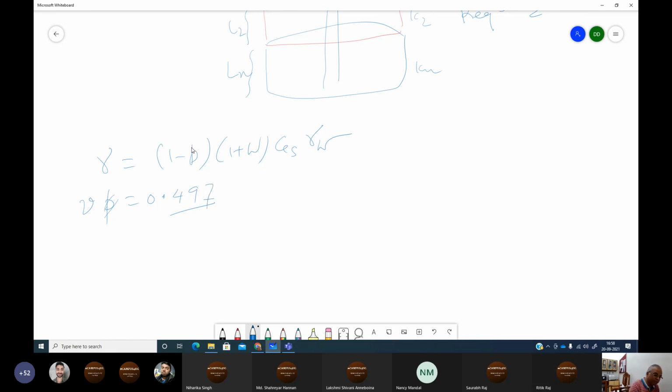Good. So you got porosity, and from porosity you could calculate void ratio. Now can you tell me what is degree of saturation S then? That's the reason I'm asking you. W into Gs by void ratio. Okay.